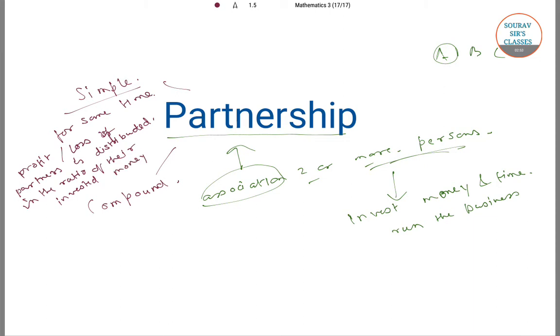The next type of partnership is compound partnership. In compound partnership, the capitals invested by the partners are invested for different lengths of time. So in simple, it is same length of time, and in compound, it is different length of time.